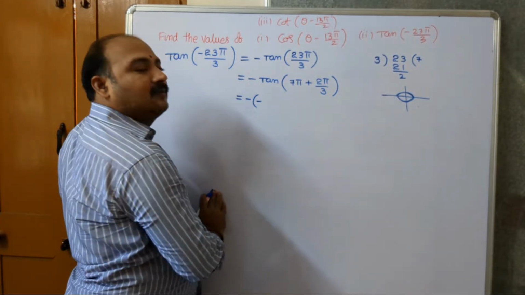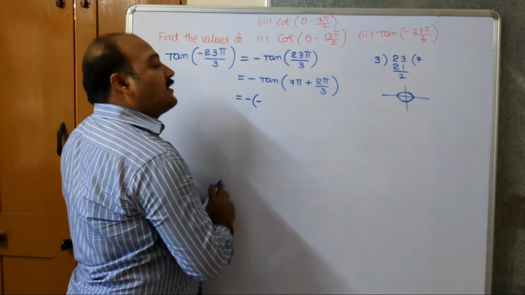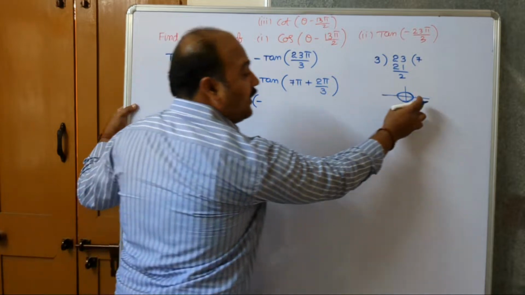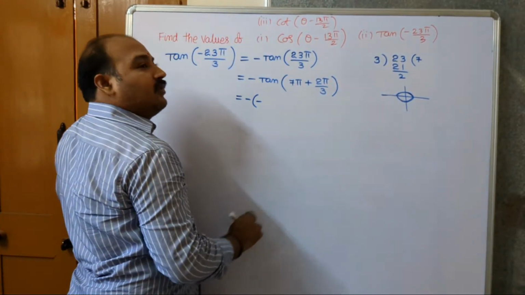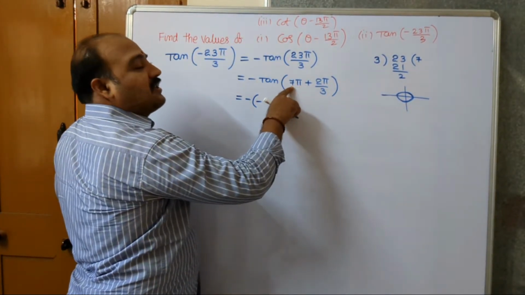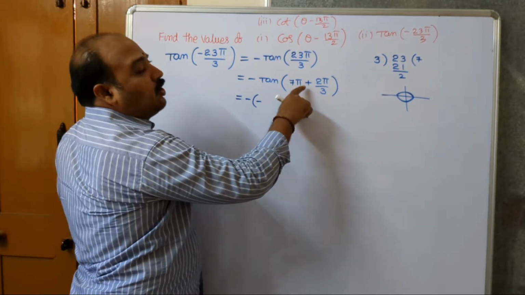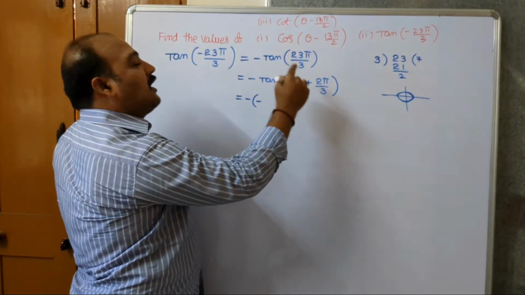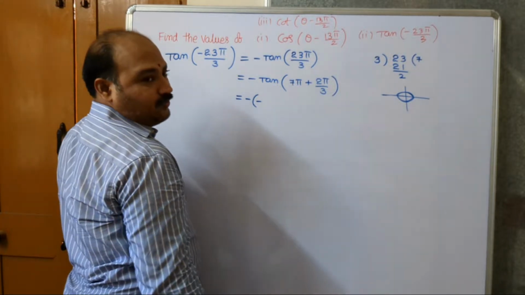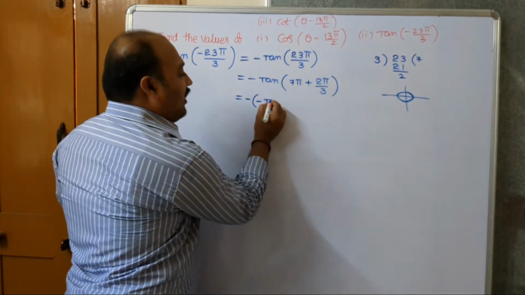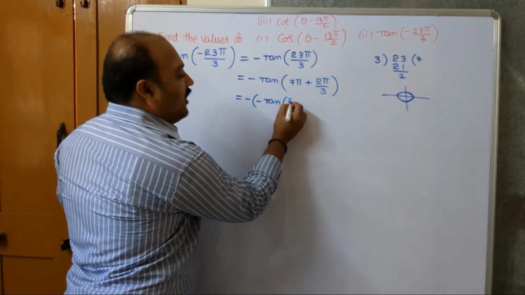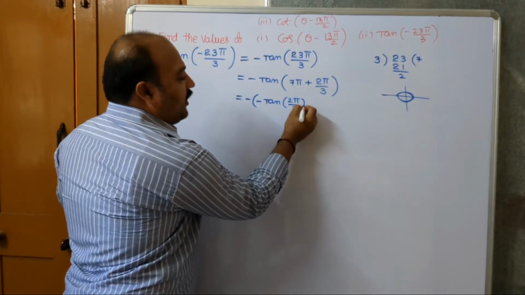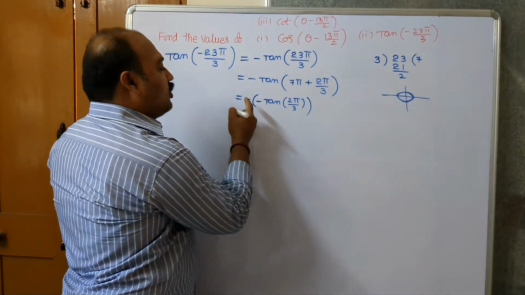Next, minus. In fourth quadrant, it will be negative. So pi into 7, 14 into pi by 2 will come now. Even multiple of pi by 2. So tan only will come. Tan 2 pi by 3. Okay, dear students. Minus into minus plus.